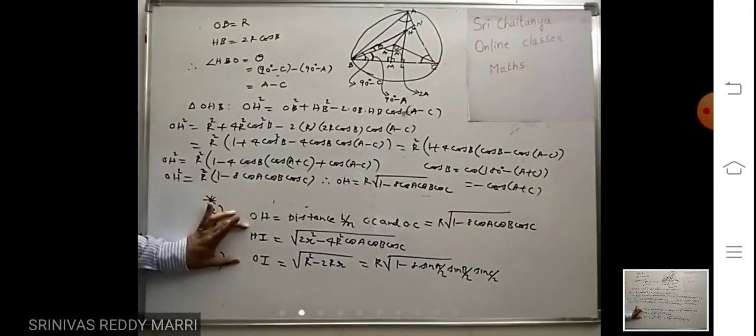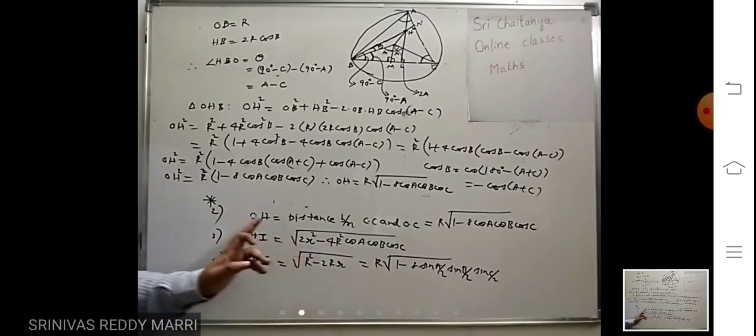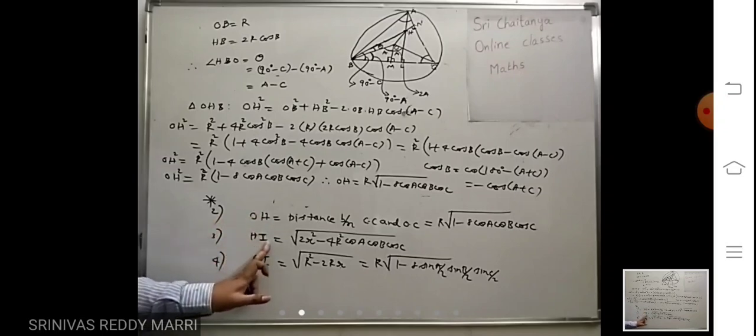In your free time, try to prove this, just like what I have done. Remember this formula, the distance between orthocenter and circumcenter. Also note the distance between orthocenter and incenter, and the distance between circumcenter and incenter. Note it down. We will go to the next concept.